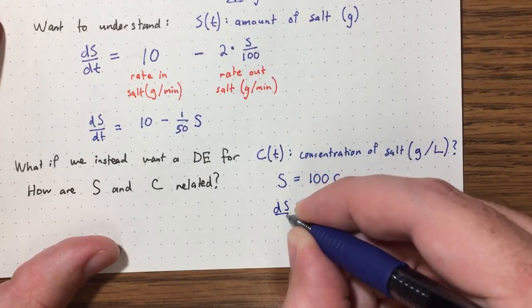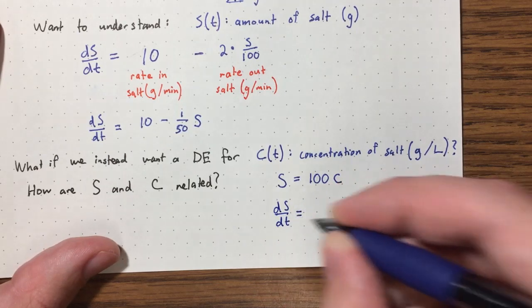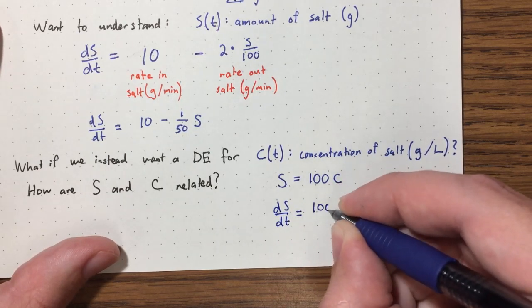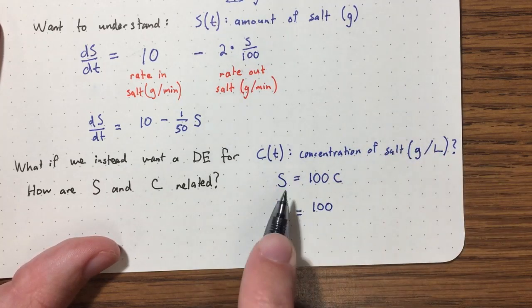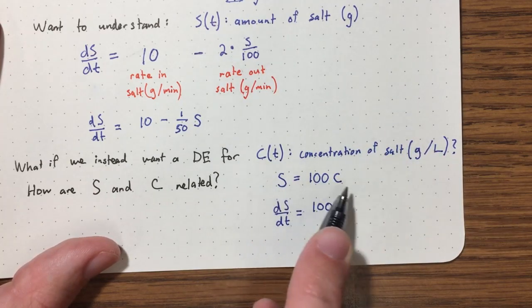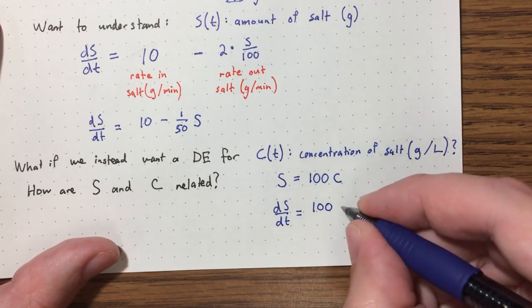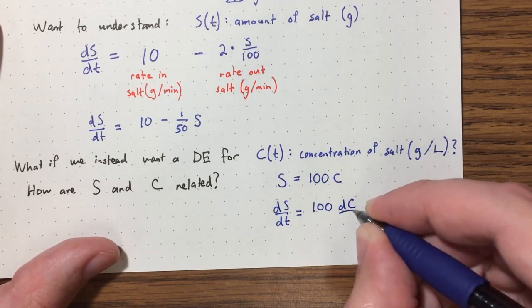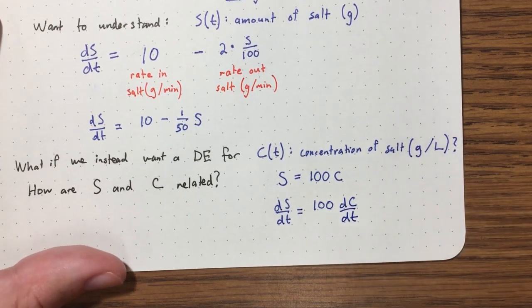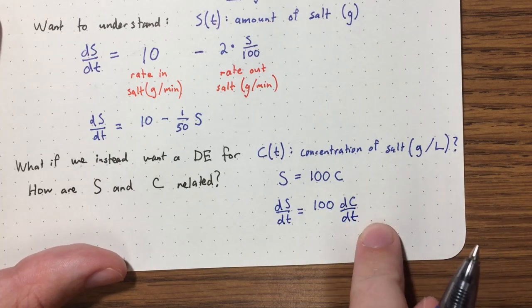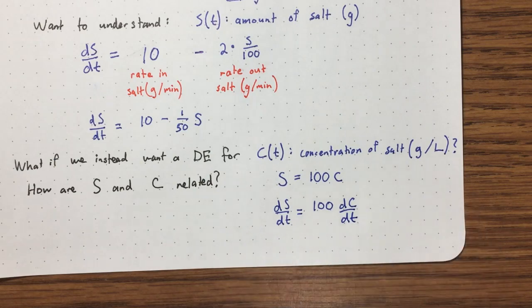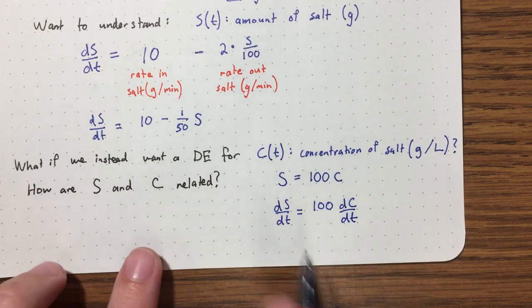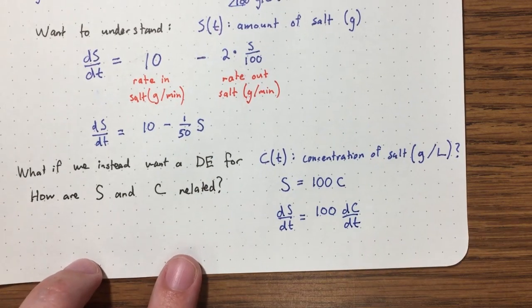So we get ds dt equals 100. And then again, we're taking derivatives with respect to t. We're thinking of both s and c as implicit functions of t, which they are. So we just get 100 times dc dt. We're not taking the derivative with respect to c, but with respect to t on both sides. So this actually gives us the relationship between ds dt and dc dt.